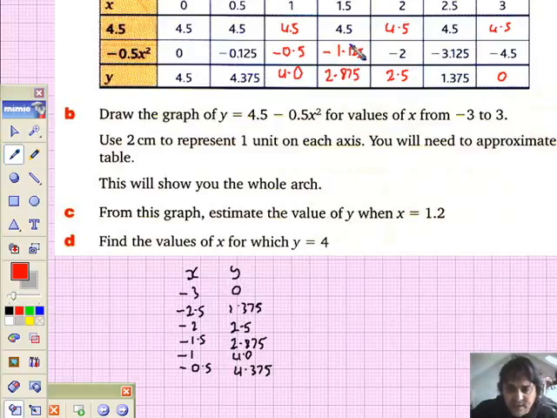I'm now going to self-correct that one. So let's just work this out again. Picking up my calculator, I'm going 1.5 times 1.5. That's 1.5 squared. I now want to divide that by 2, because that's what halving means. Divided by 2 is 1.125, and it's negative, so I want to go 4.5 take away 1.125.